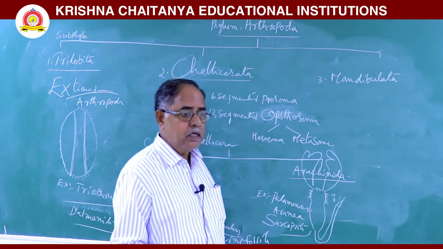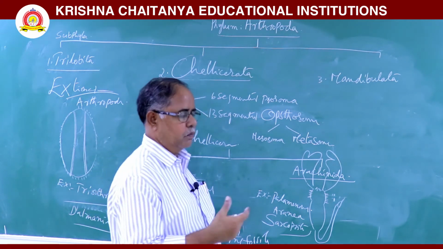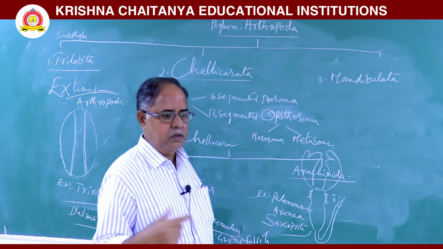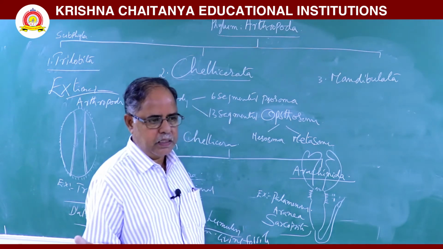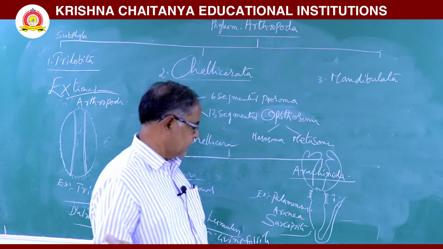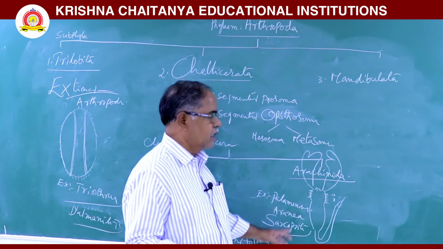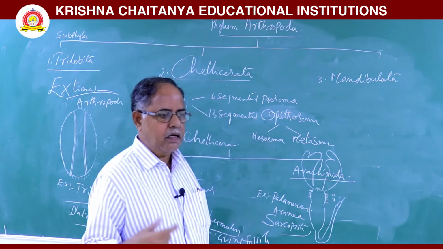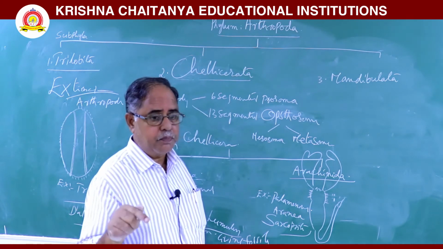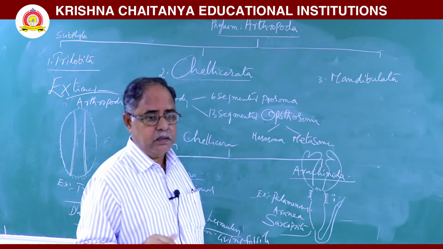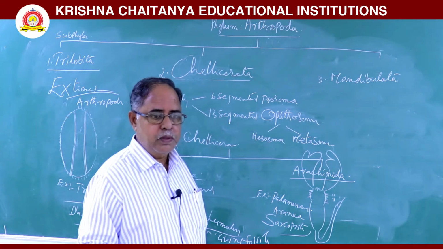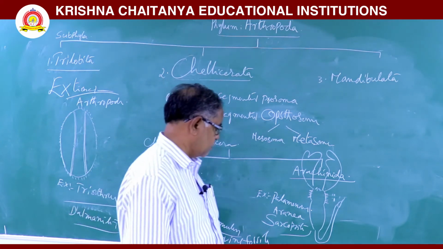In some spiders, both book lungs and trachea are used for respiration. Here, excretory organs are Malpighian tubules and also coxal glands. In a scorpion, Malpighian tubules are present and coxal glands are present.